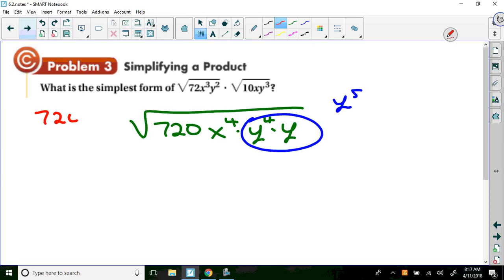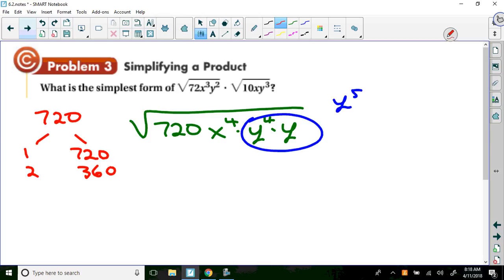You're going to find a good one real quick. 1 and 720. 1's a perfect square, but there's bigger ones than that. 2 and 360. Now, if we look at 360, we're thinking, hey, 36 and 10. But wait a minute, 36 is a perfect square, but 360 is not. Dang it.